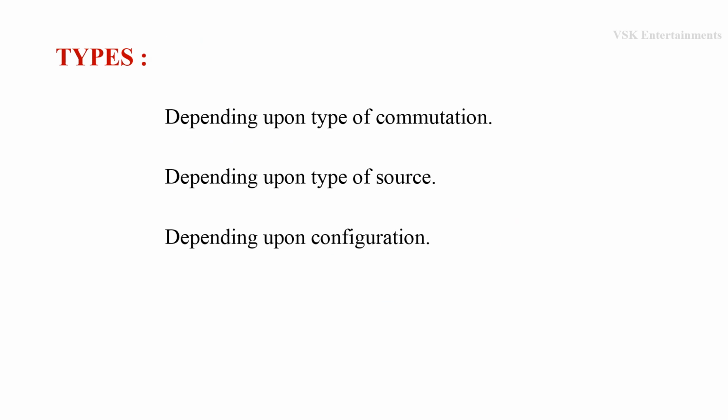Coming to types of inverters, we are going to classify the inverters depending upon some parameters. Those parameters are the type of commutation, the type of the source we are going to use, and third, the configuration. Here I think everyone knows what commutation is. Commutation is nothing but the process of turning off the SCR. Depending upon the type of commutation we are going to classify the inverters.